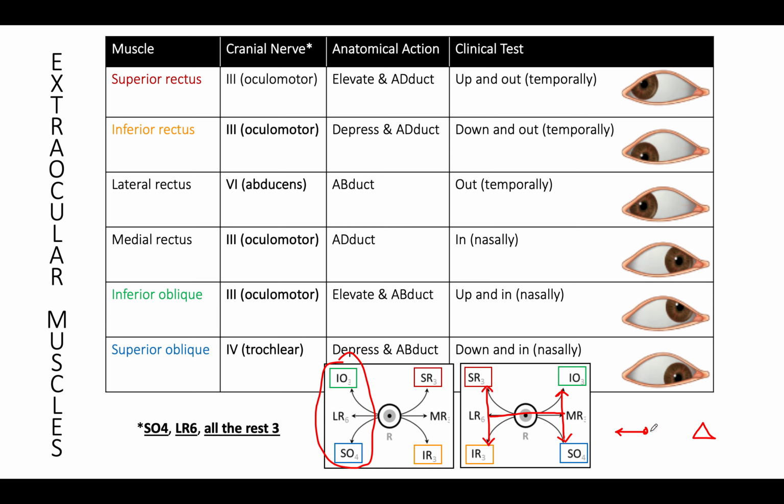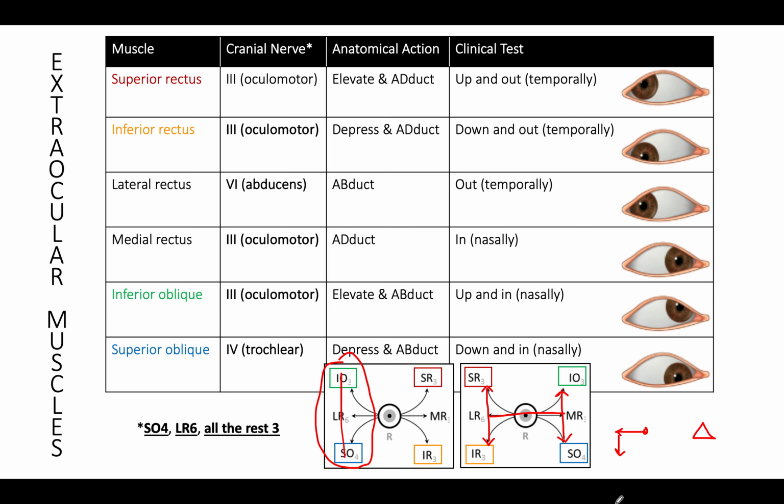So now that my eye has been moved completely lateral, those three things are almost like locked out. So I can't choose them. So now if I move my eye down, the only muscle that's left that can help me move my eye down is inferior rectus. So remember, my inferior rectus depresses and adducts the eye. So the only thing that's depressing my eye is that inferior rectus.